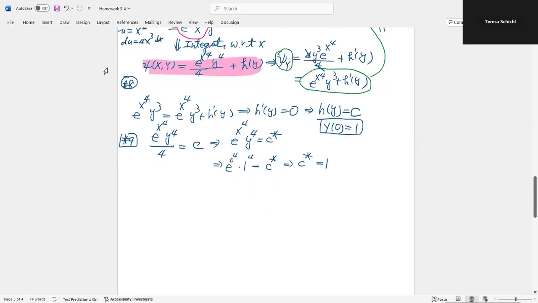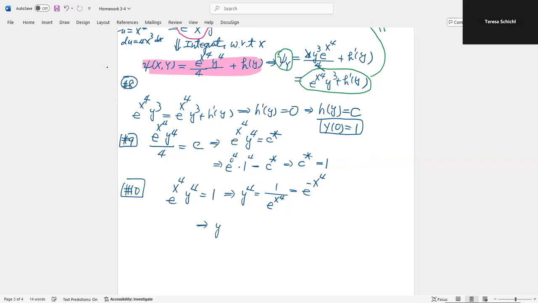Okay, great. Finally, we are able to find the equation. I will have e to the x fourth, y fourth equal to 1, correct? So y fourth is equal to 1 over e to the x fourth, so it's e to the negative x fourth.